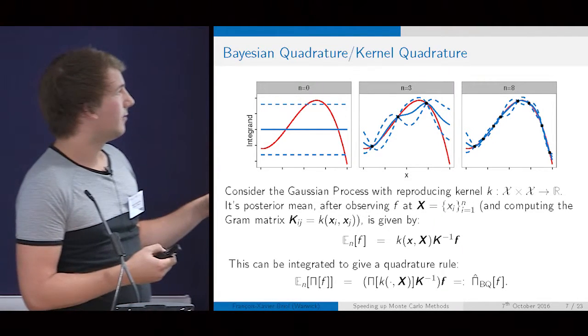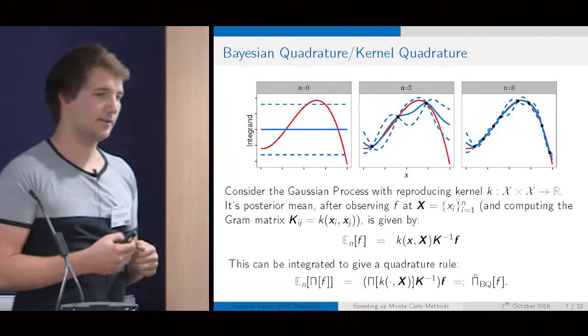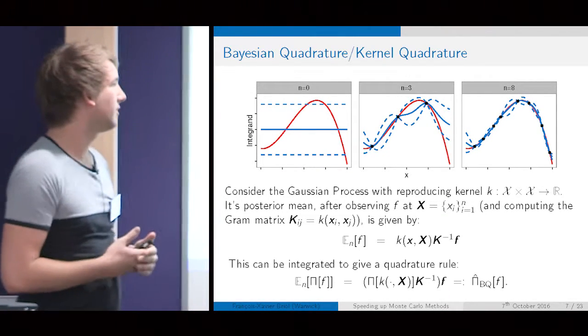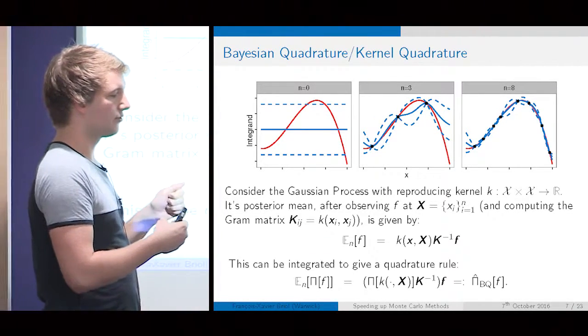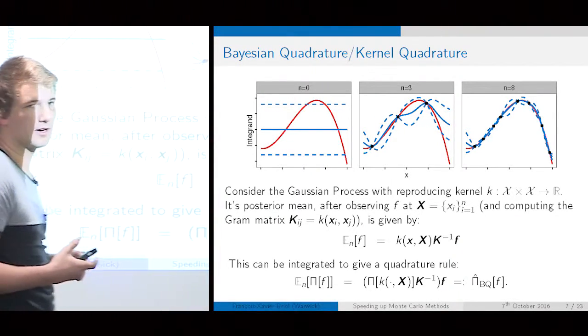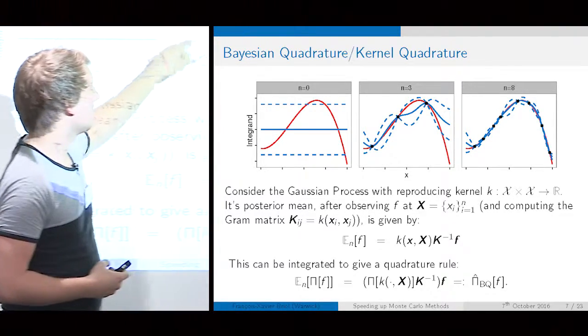Of course, here, this choice of kernel will be really important for the performance of the method. So as Judith explained in the previous talk, the kernel will really influence what kind of functions you get out, and therefore what kind of interpolants I can get. So if I choose a very rough kernel, then I'm going to get very rough functions.